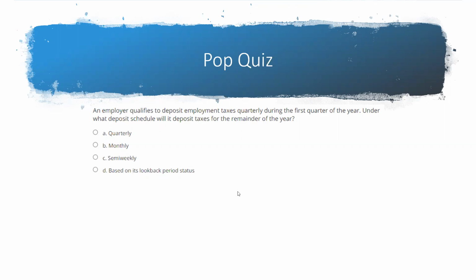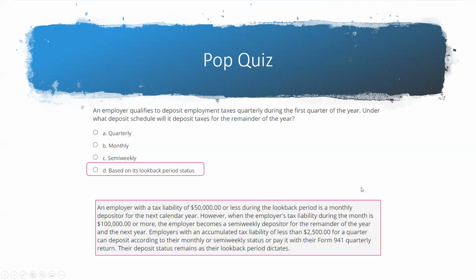All right, tricky, tricky, tricky. It is D, based on the look back period status.